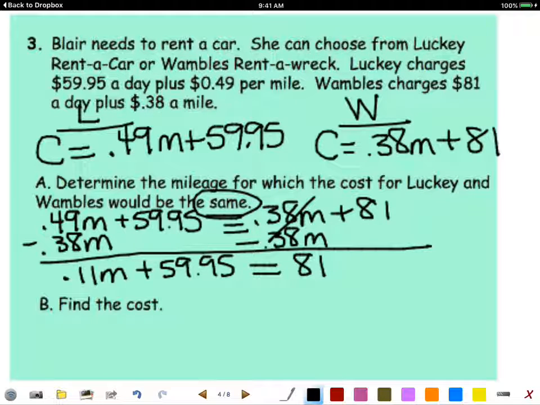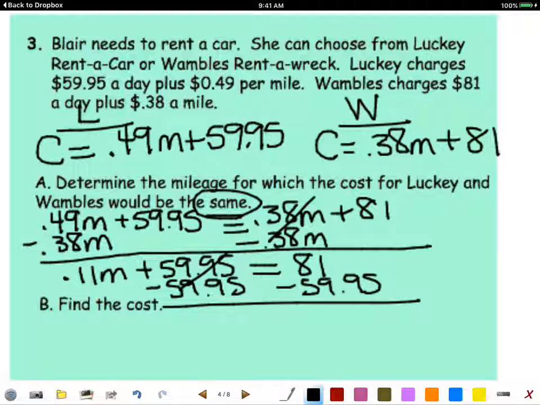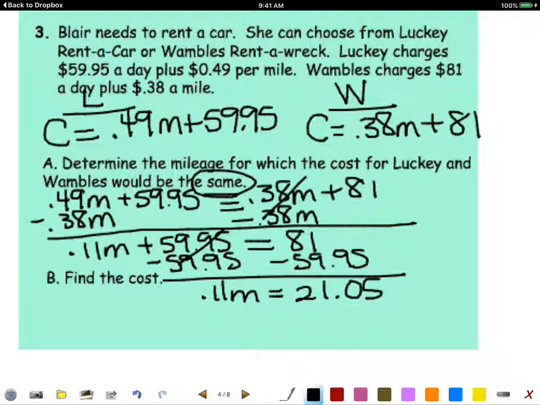Subtract your 59.95. Okay, you've got calculators. Go ahead and make use of those. So 0.11 M equals $21.05, 21.05. Last step, divide by 0.11. So what do you get?